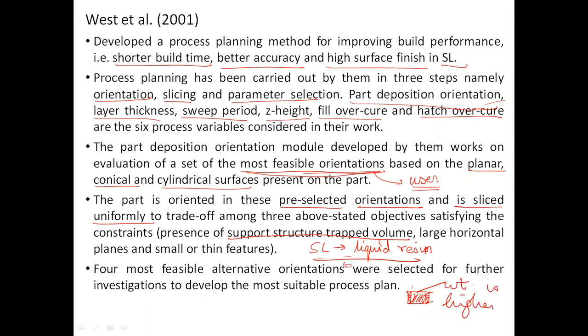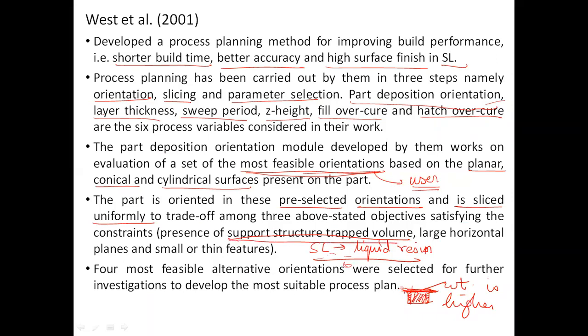Weight is higher because of the entrapped volume. And why has this volume been entrapped? Because it was filling up to act as a support for the top layer. So support structure trapped volume plays a very important role.